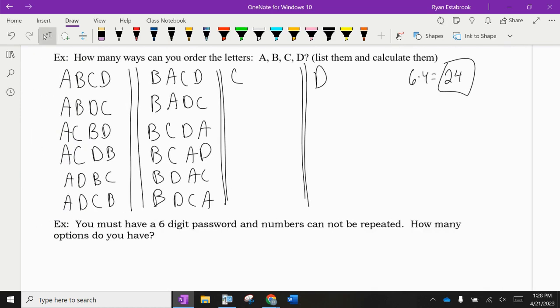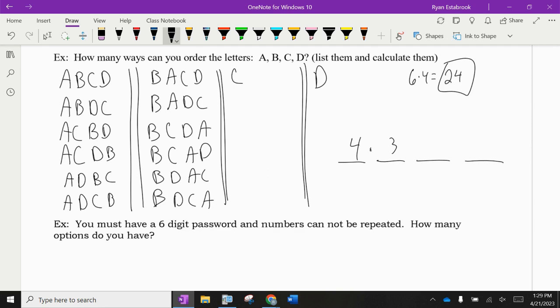Is there a way I can do this without having to write any of them? And the answer to that is yes. 1, 2, 3, 4. Just like we did with the passwords, there's 4 different spots. Agree? When we start all of this, how many possibilities are there for the first slot? There's 4, right? It could be the A, the B, the C, or the D. Once that's chosen, then how many possibilities are there for the second spot? 3.